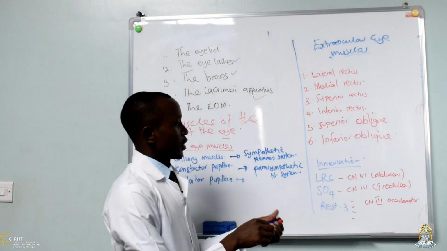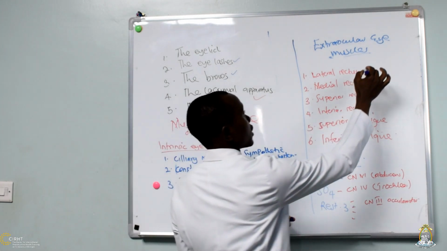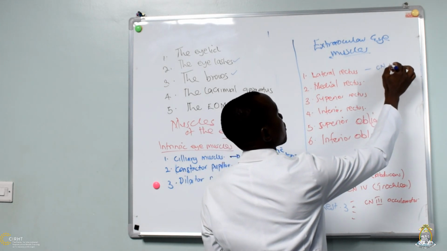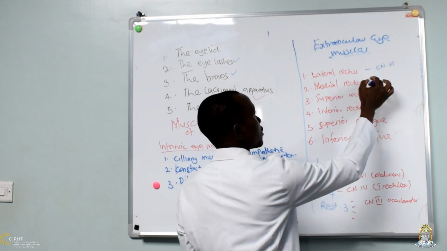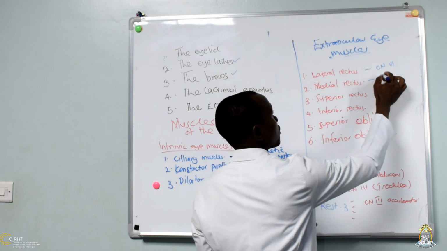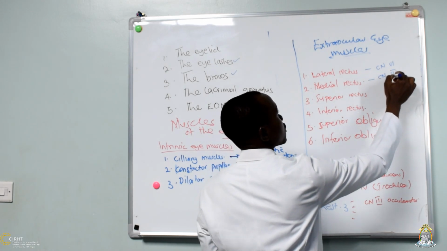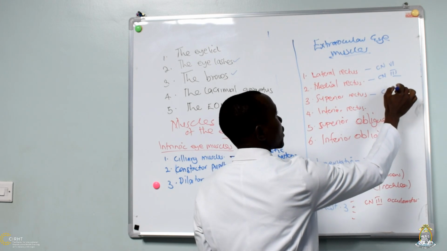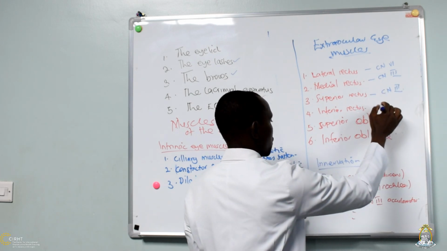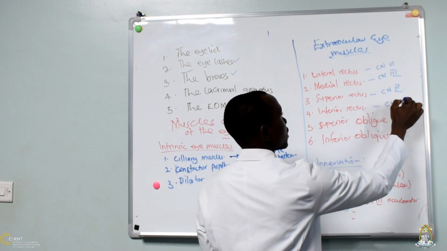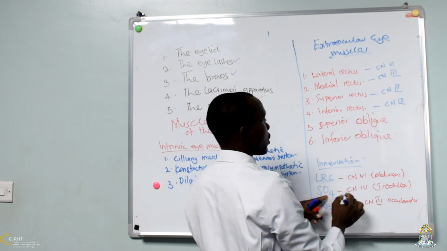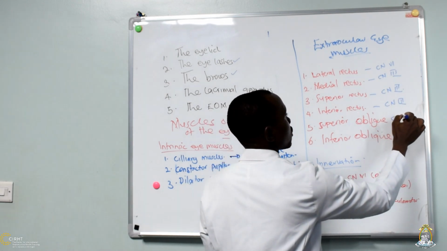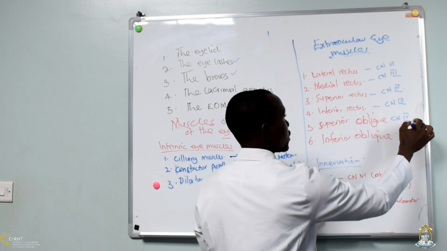Okay, so lateral rectus receives its innervation from cranial nerve number 6, that is abducens. Medial rectus is cranial nerve number 3, which is oculomotor. Superior rectus, still cranial nerve number 3, oculomotor. Inferior rectus, cranial nerve number 3, oculomotor. Superior oblique is cranial nerve number 4, which is trochlear.